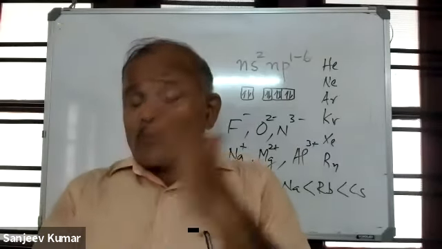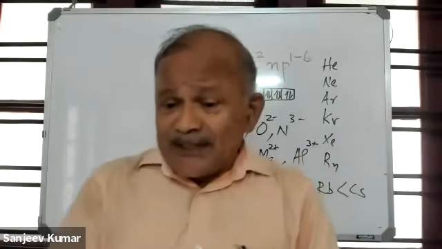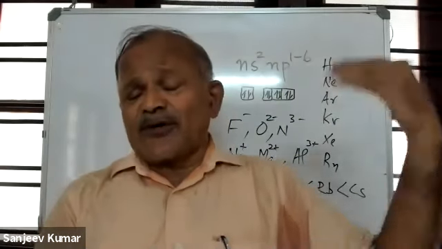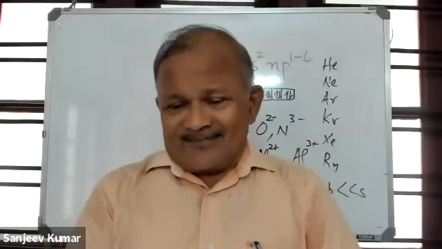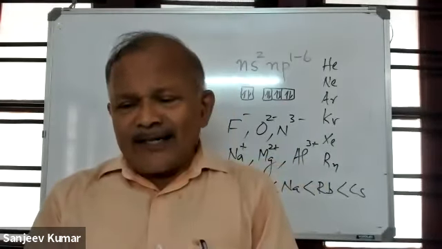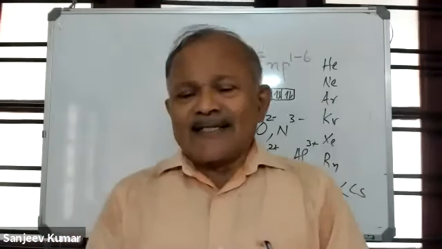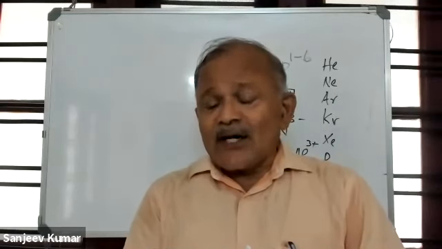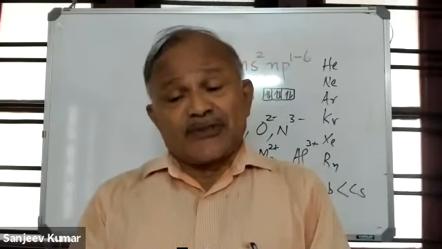The 19th electron goes to the 4s orbital, potassium 4s1, the 20th electron goes to calcium 4s2, then the electrons go to 3d1. That is scandium 3d1, titanium 3d2, vanadium 3d3, and then for chromium we would expect 3d4, 4s2.